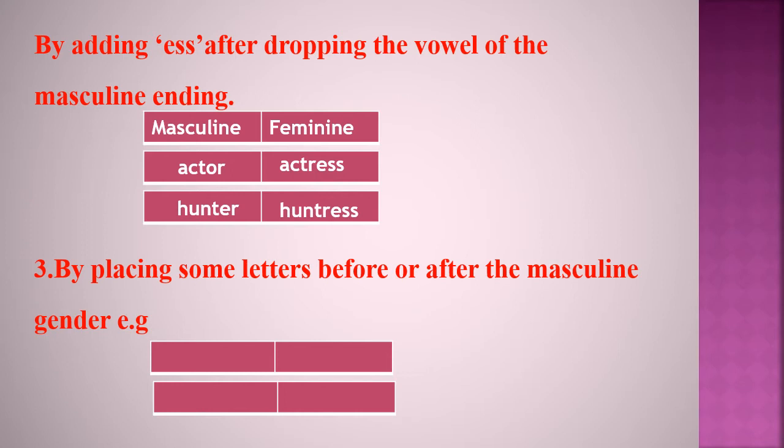Number three, by placing some letters before or after the masculine gender. Look at these examples. Man, we add WO before man to form its feminine. Hero, we add INE after it to form its feminine, heroine.